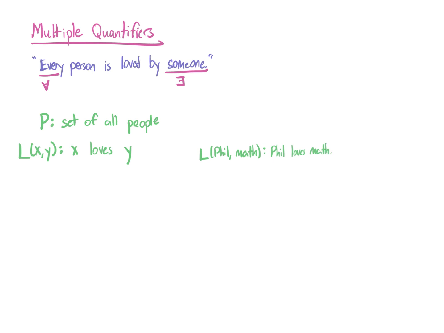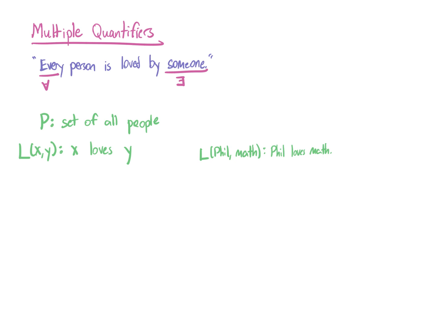Okay, so now we're going to try to express this sentence, every person is loved by someone, in logical quantifiers. To do that, we're going to use this two-symbol logical predicate as well as our quantifiers for all and there exists.